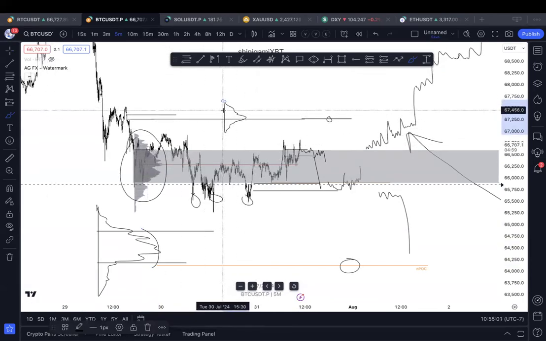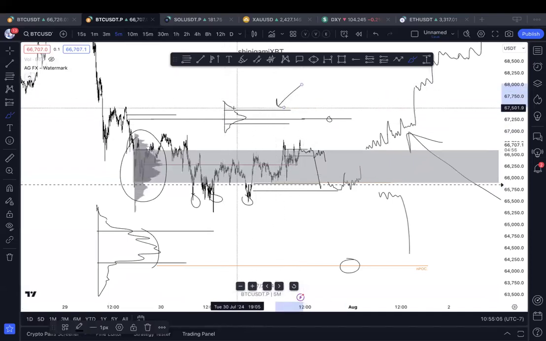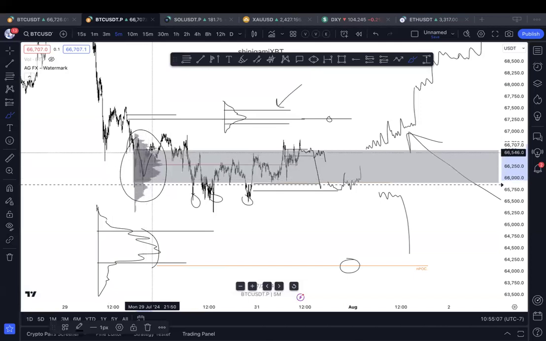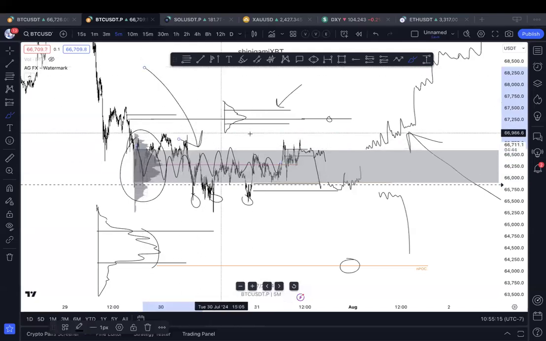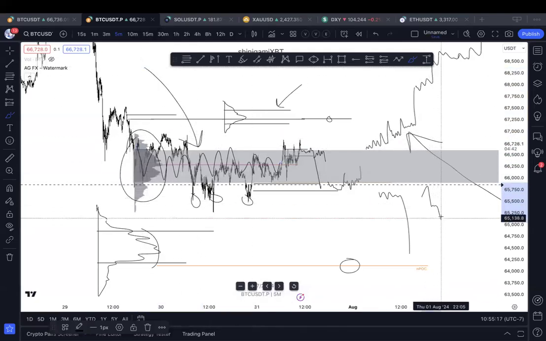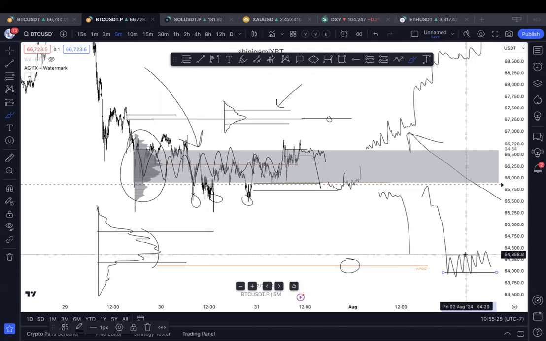So if you have a balanced area like this, which has condensed volume, what do I mean by condensed volume? If price ranges around a price level for a long time, obviously a lot of volume is accumulated there. A move from high to low created a lot of volume, but it's starting to compress a bit, and that compression you can also call condensed volume.